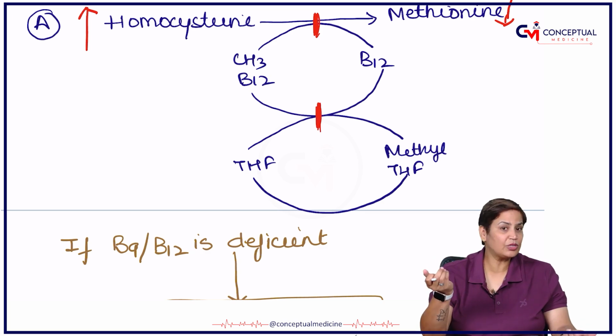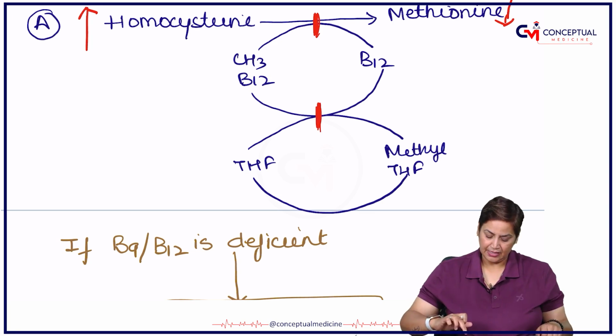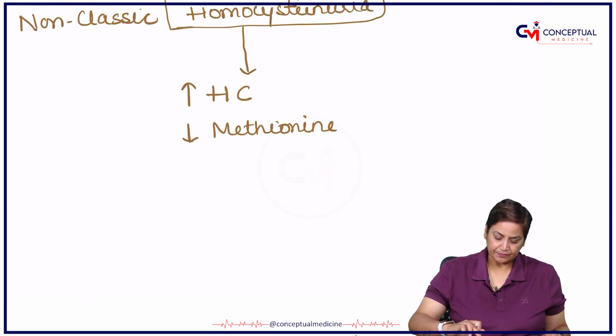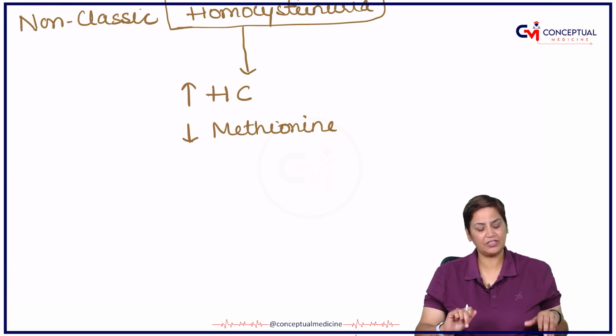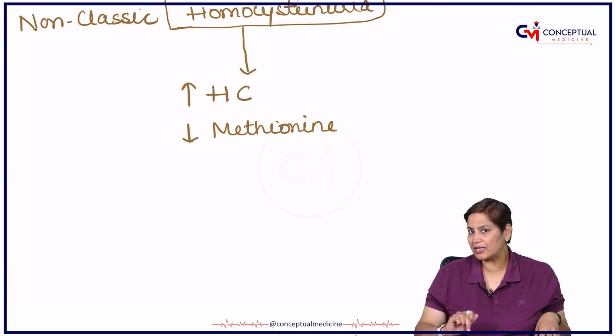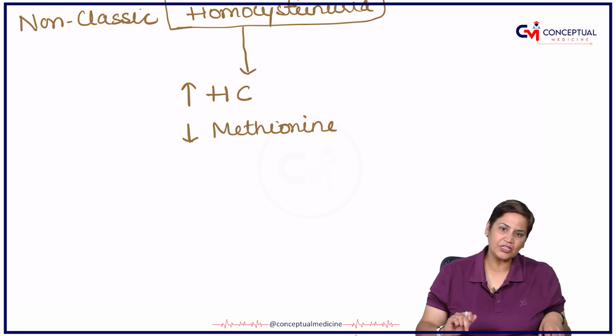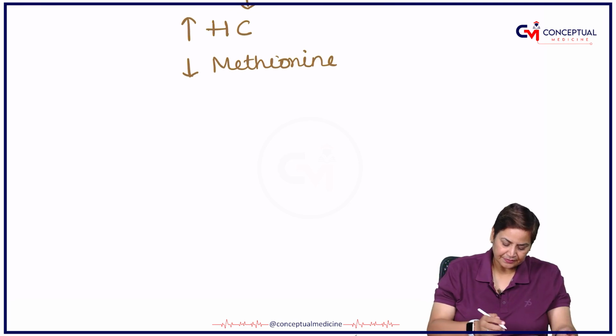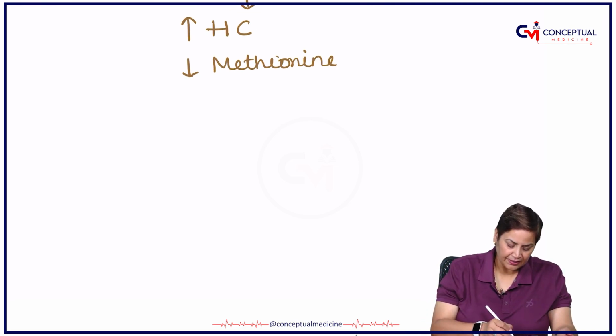Since both are hematopoietic vitamins, megaloblastic anemia will be seen in both the cases, but how to differentiate, right? Now the question is, how to differentiate a patient which is B9 deficient suffering from non-classic homocystinuria, from a B12 deficient patient suffering from non-classic homocystinuria. Now see here, suppose if I say B12 is deficient and B9 is normal.